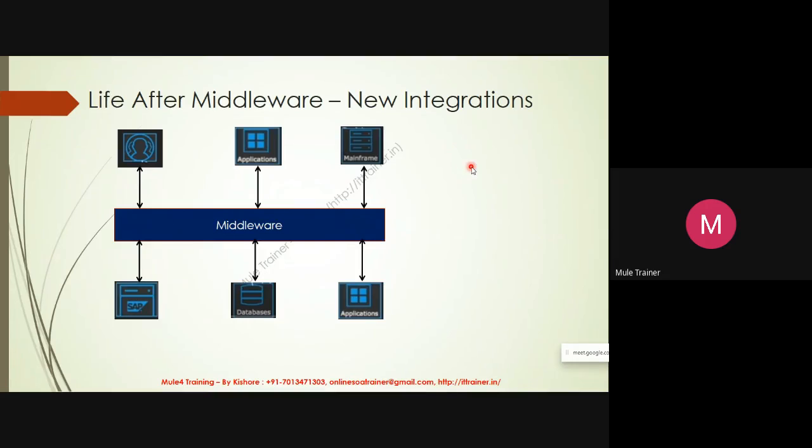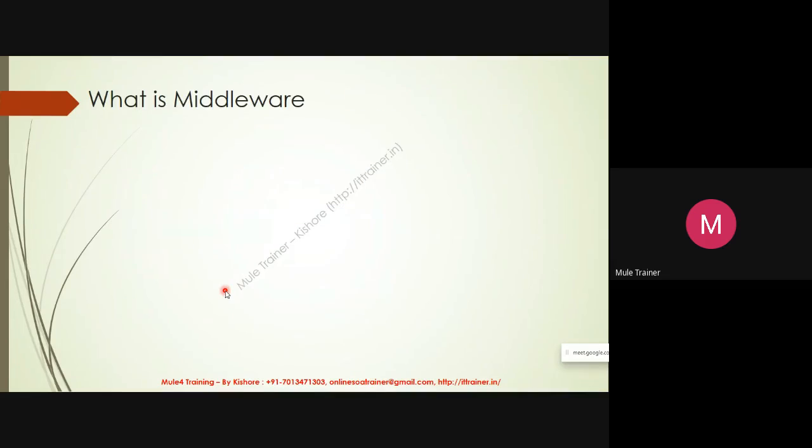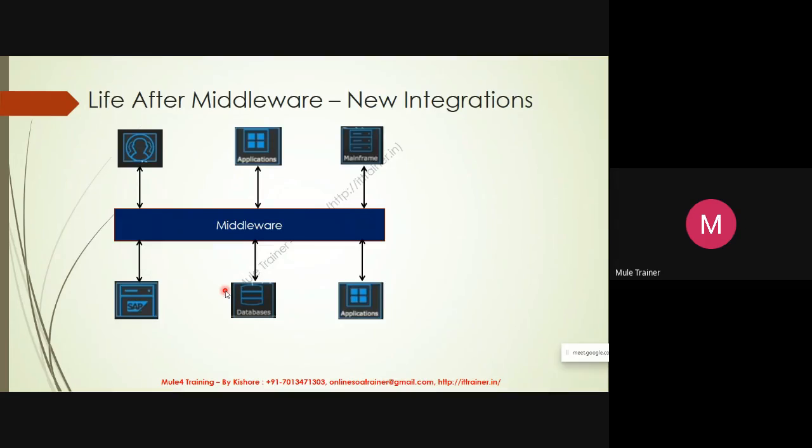Say that new system needs to send the data to this database, so the new system only needs to identify the existing process available to connect, and call that integration, then data will automatically go to the database with a minimal amount of modifications. So this is typically about middleware.